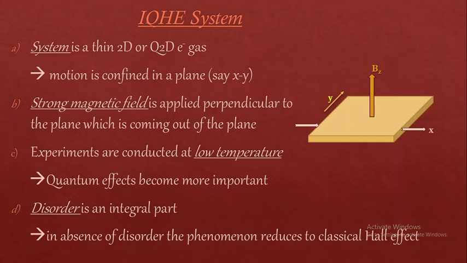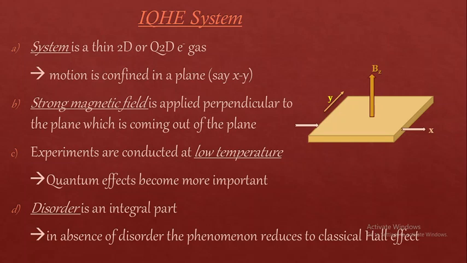So all these four parameters are very important if we want to understand quantum Hall effect. Even if one of these is missing, let us say the system becomes three-dimensional, then we have the classical Hall effect.